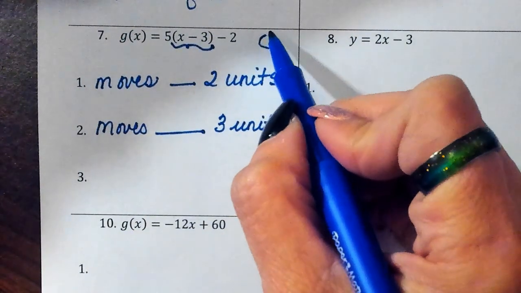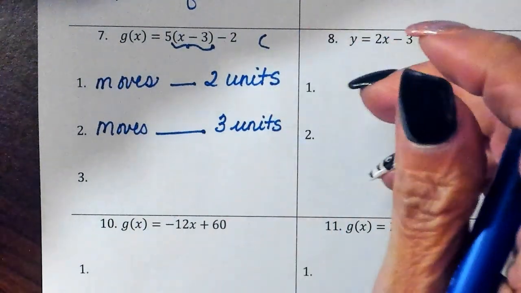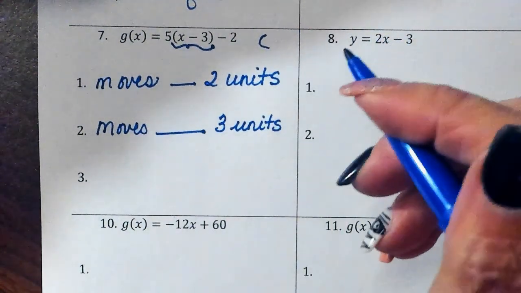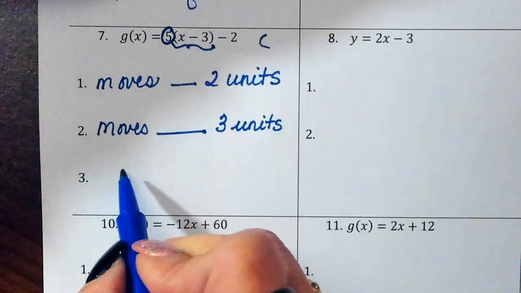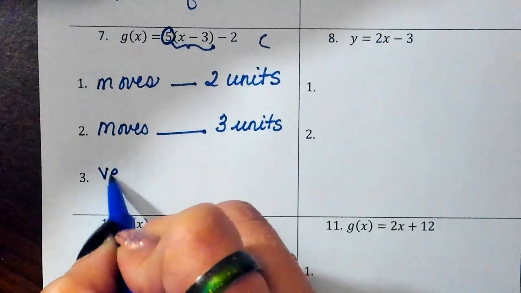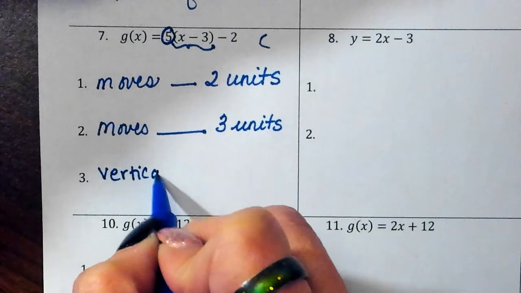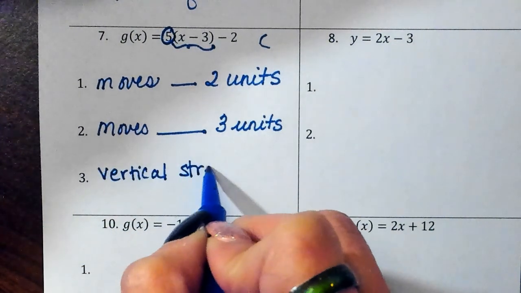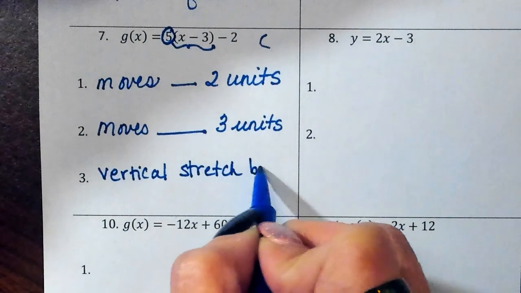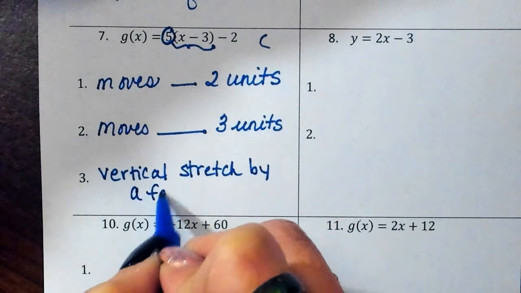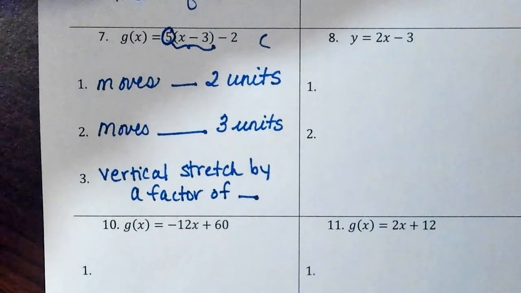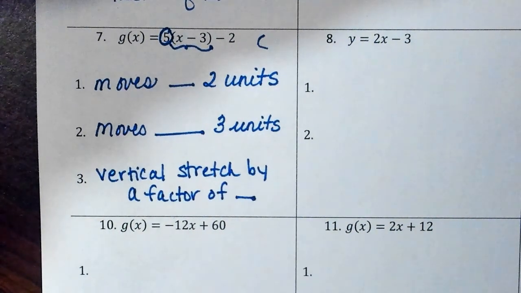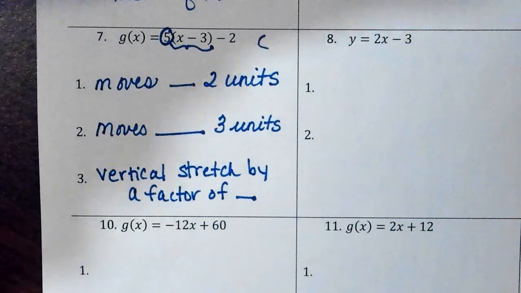So that's going to be to the right, to the right, to the right. And then what's that 5 right here going to do? It's bigger than 1, so that's going to be a stretch. So we're going to say vertical stretch by a factor of what? A factor of 5. Very good. All right, number 8.